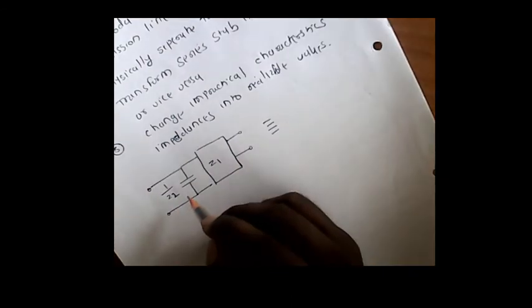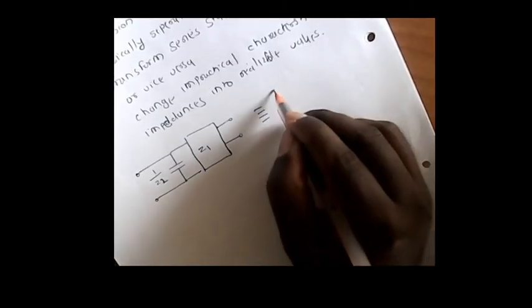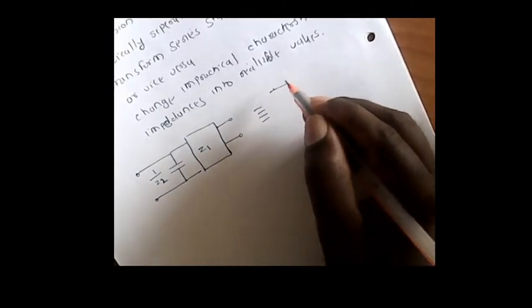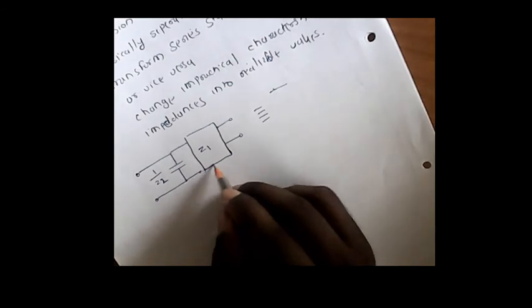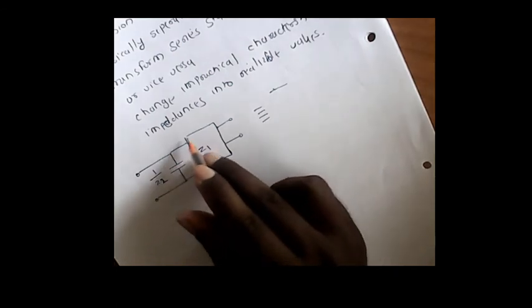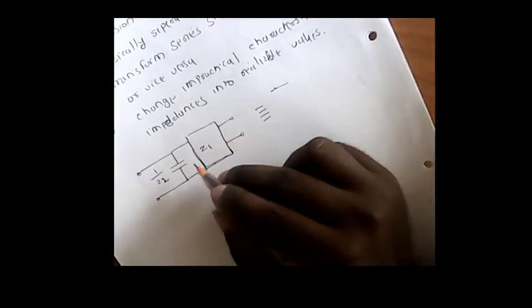This is a shunt stub, so it will convert into a series stub. The box is called a unit element, and the shunt capacitor is converted into a series inductor.